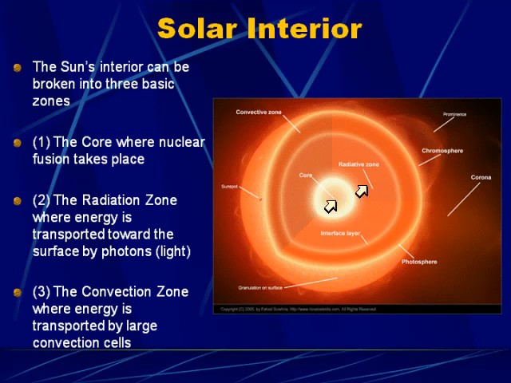It's going to pass through this radiation zone in the form of X-rays, and then it's going to pass through the convection zone, basically where hotter gas is going to rise through convection and sink as it cools off after giving up its energy. Now, when we're looking at the sun, how do we know what's inside it?